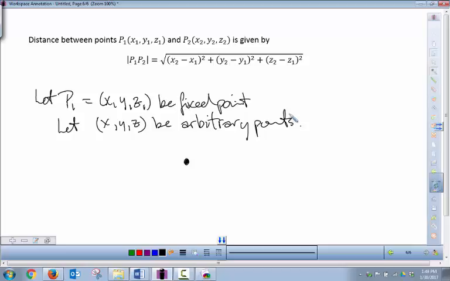So if we use this idea of a distance from a fixed point, and then we fix the distance, we can try to see what kinds of graphs we're going to be able to describe.